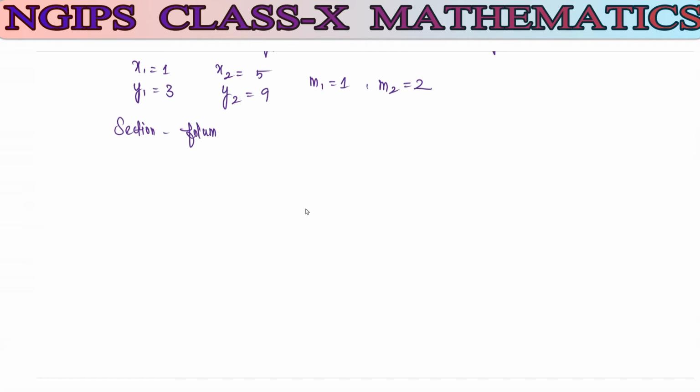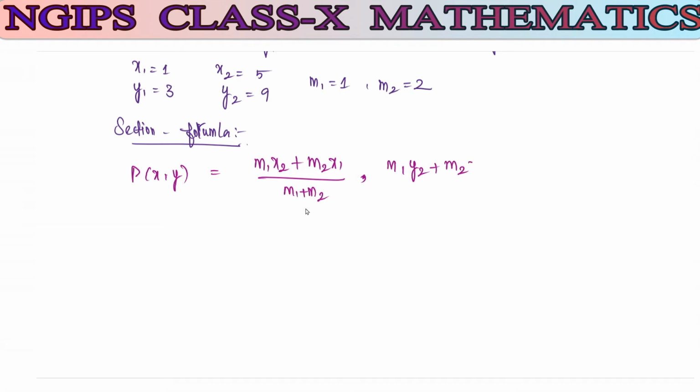P of x comma y is equal to m1 x2 plus m2 x1 divided by m1 plus m2, and m1 y2 plus m2 y1 divided by m1 plus m2.